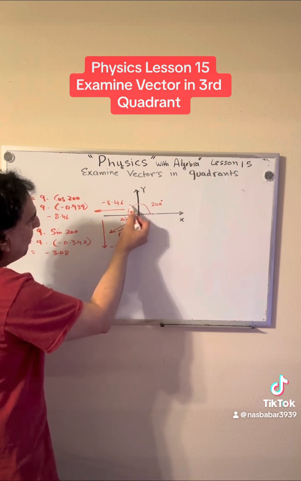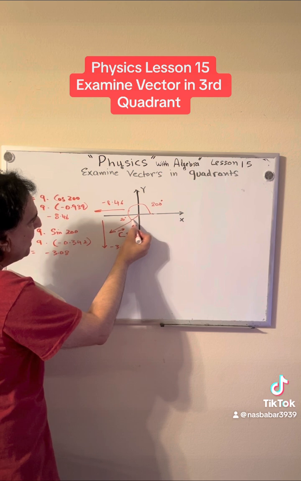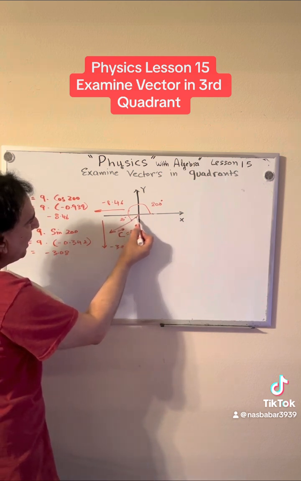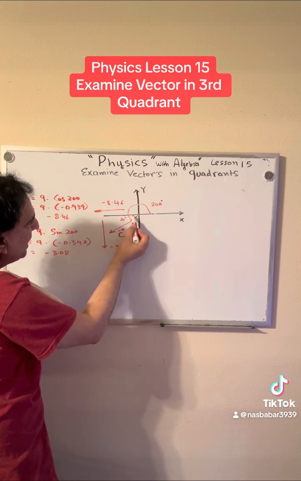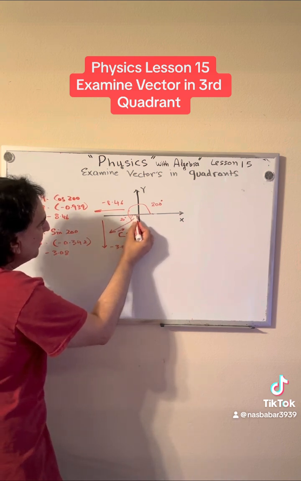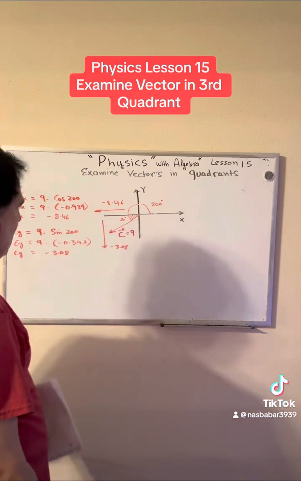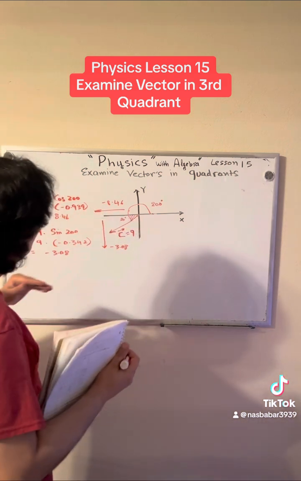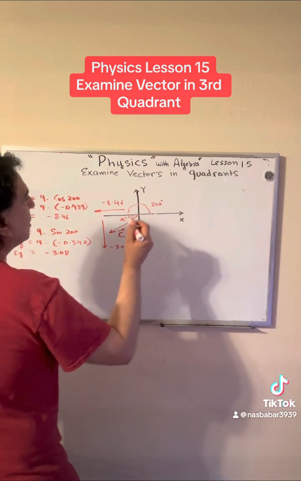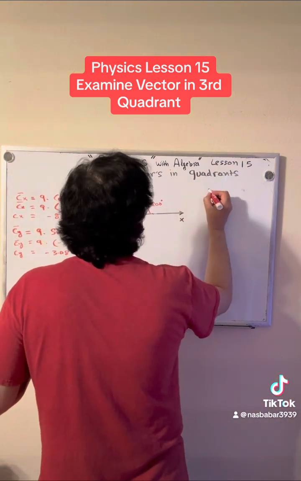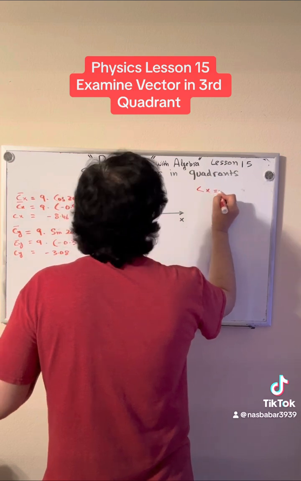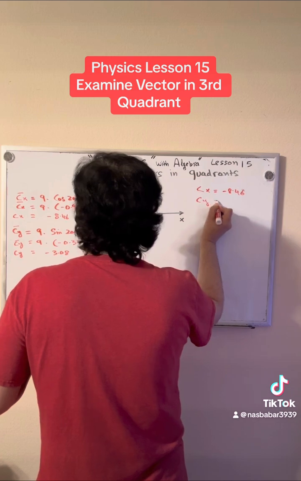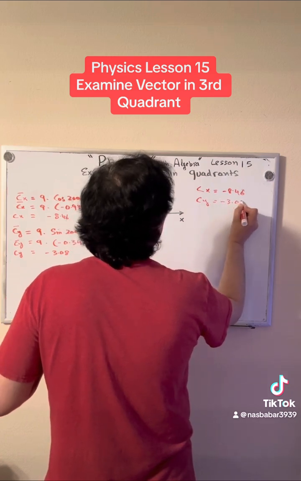We know up till here is 200, and up till here is 180. So 200 minus 180 tells me that this angle right here is 20 degrees. So it's more towards the x-axis. That's why we have a larger component, c x is equal to negative 8.46, whereas c y is negative 3.08.